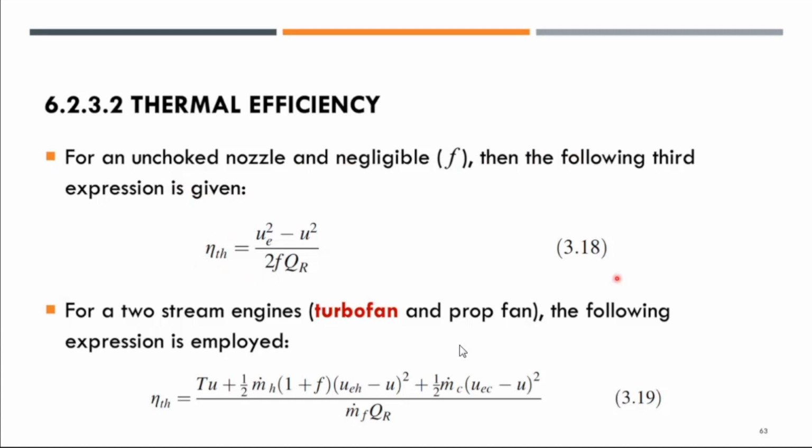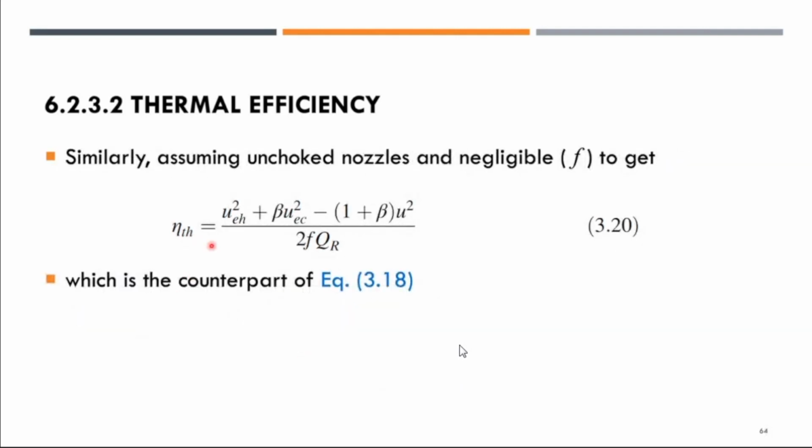Sometimes QR is used, but most of the time we will be using QHV. For two-stream engines, turbofan and prop fan, you have the hot and the cold components of mass flow. Similarly, assuming an unchoked nozzle and negligible fuel to air ratio, we get expression 3.20, which you can compare directly to 3.18.